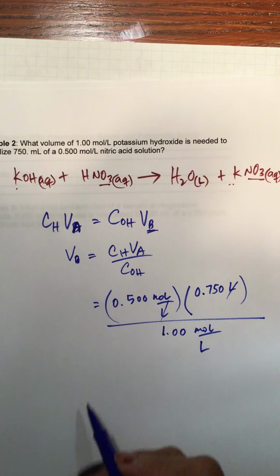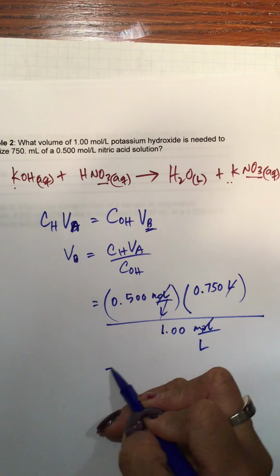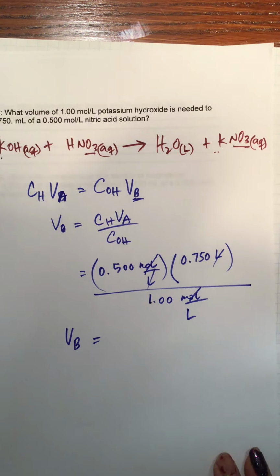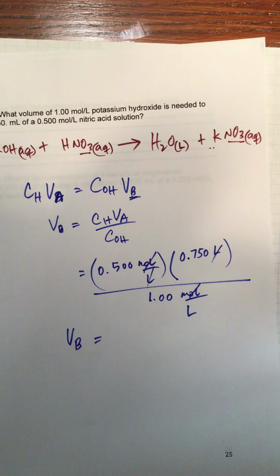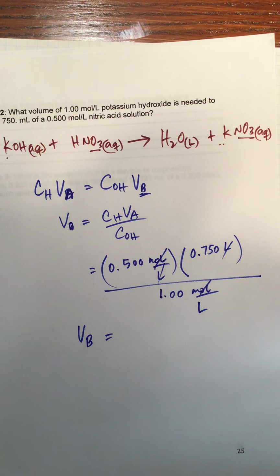So we are going to end up with liters. The moles will cancel, and we are looking for the volume of the base. Because these are all 1-to-1, we went straight to the equation. So this is a simple calculation so far.